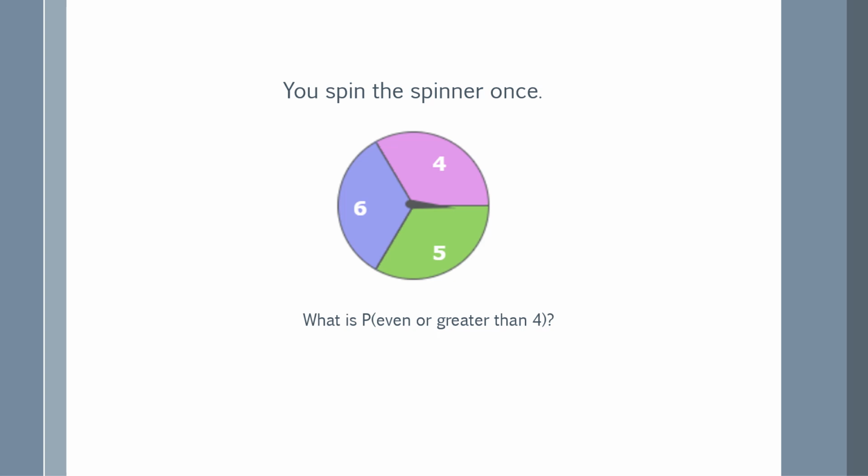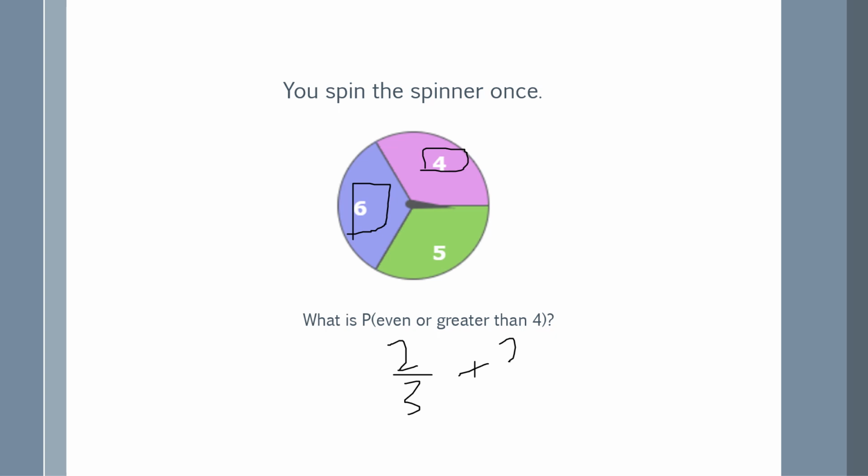Why don't you try it? What's the probability of it landing on an even number? You've got 4, which is an even number, and 6. What's the probability of it being greater than 4? You've got 5, which is greater than 4, and 6, greater than 4.